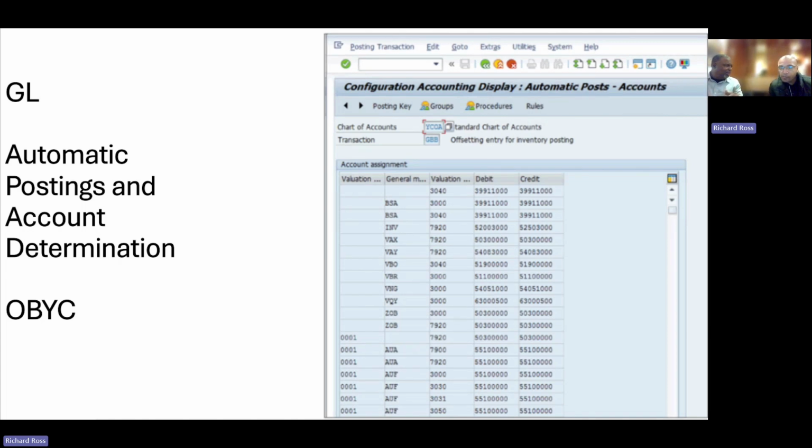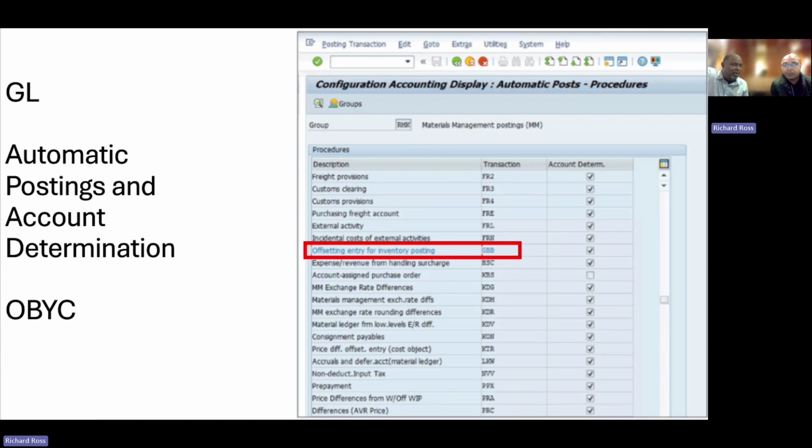When you offset inventory, you're either going to have a sale, a production order, a movement, an increase in inventory, a decrease in inventory. You're doing it in all kinds of ways. So that's just GBB. Then you've got freight costs. If you were doing consignment payables, you'd be in that one.